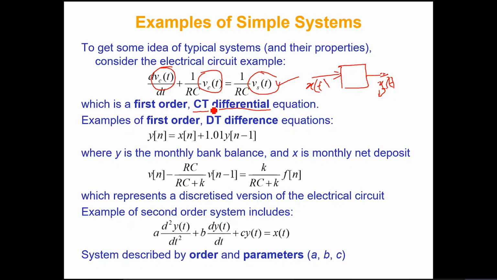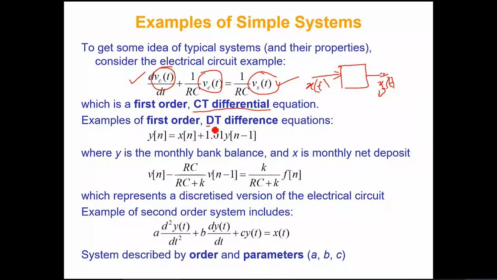So if we have a continuous time system and we want to write an equation which gives the relation between input and output, we end up getting an equation which has a differential in it. It will be a differential equation. I mentioned that mathematicians call this a differential equation, and engineers tend to see that equation as a system which gives the relationship between input and output.